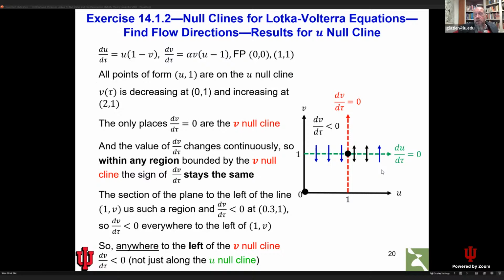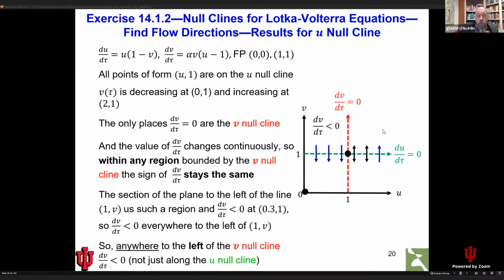And so I can pick another example. I can now label my quadrants. To the left of my V dot null-cline, dv dt is negative. So I can say both of these left-hand quadrants, dv dt is negative.